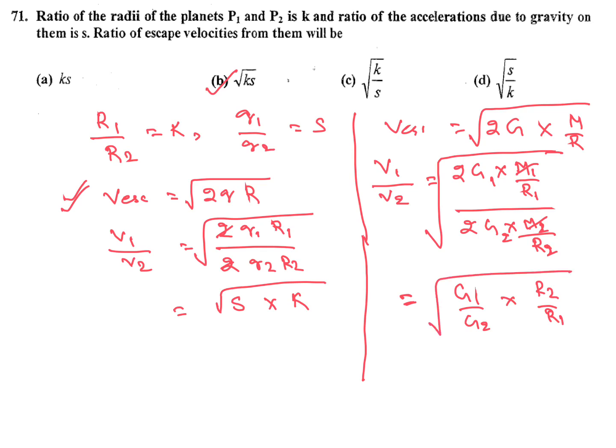So G1 by G2 is our s and R2 by R1 is 1 by k. So it will come root over s by k, if M is same for both planets, then our answer will come D.